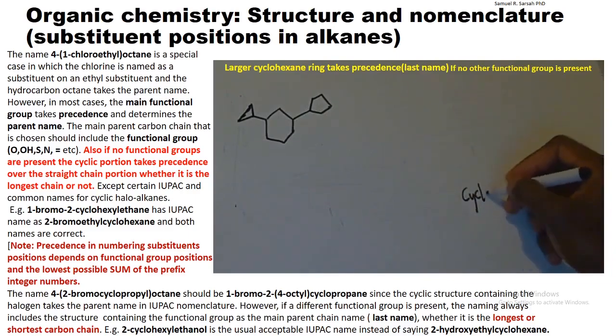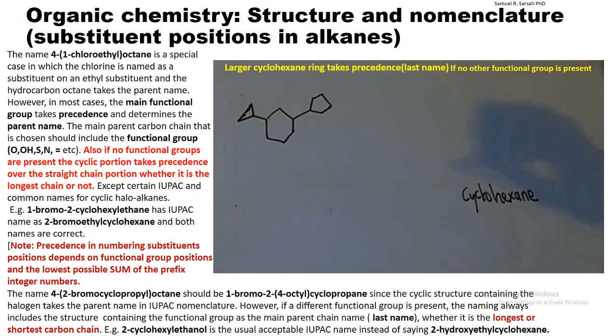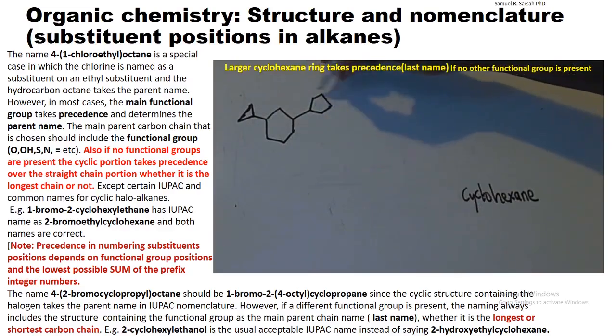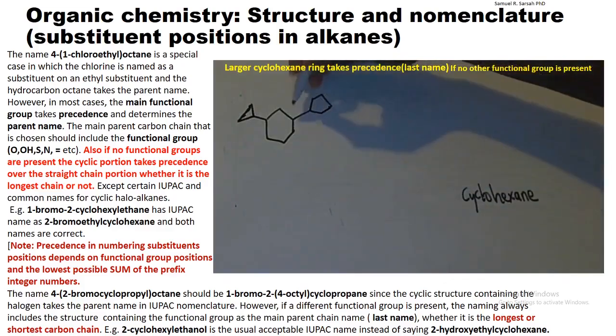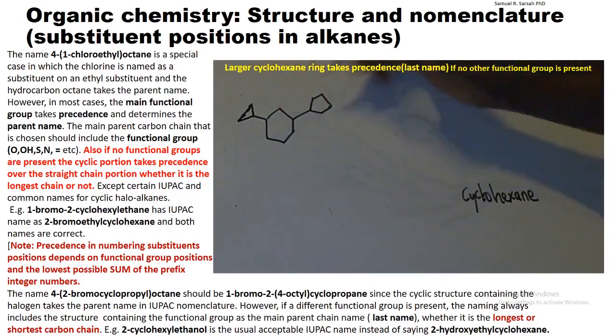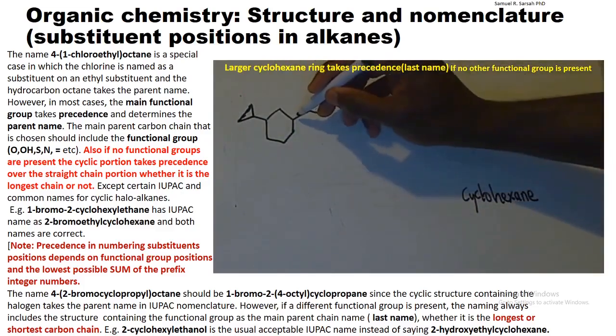Now we have cyclopropane, cyclopentane. We can start numbering from here because we have two substituents. We can choose any of them to start our number. So let's say we start from here.